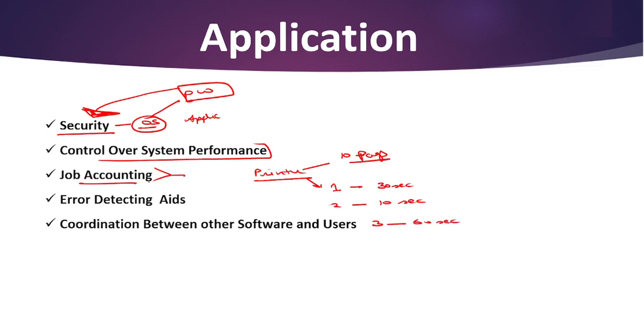So job accounting is a very important role of an operating system. It always focuses on things like not allowing a process to wait more than its required time. This is one of the major important applications of an operating system.